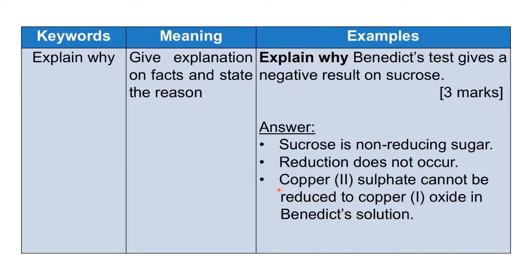Another reason is copper(II) sulfate cannot be reduced to copper(I) oxide in Benedict's solution, which means copper(II) ions cannot be reduced to copper(I) ions in Benedict's solution.